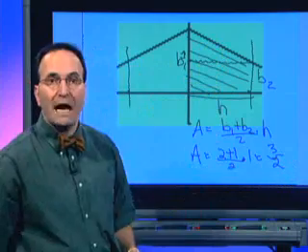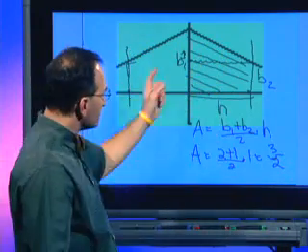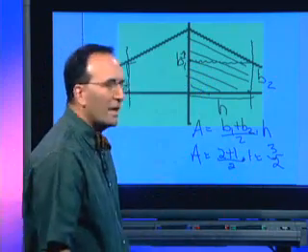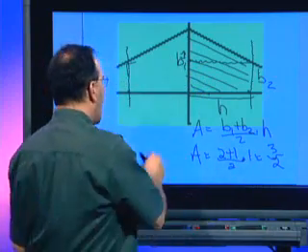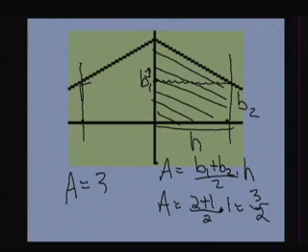However, there are 2 trapezoids, and this one is a mirror image of the other. Therefore, we have 2 trapezoids with each having an area of 3/2, so the area of that entire curve is 3. Well, once again, what does that tell us about the definite integral?